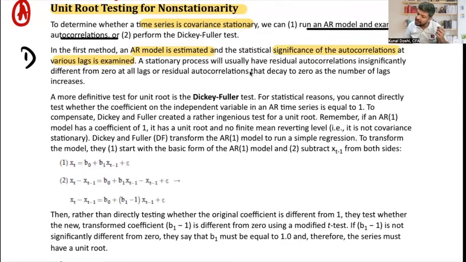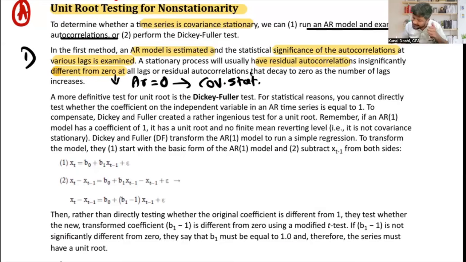A stationary process will usually have residual autocorrelation insignificantly different from 0 for all lags. That means the autocorrelation should not exist. When they say insignificantly different from 0, what do we want? We want the autocorrelation to be equal to 0. If it is equal to 0, we say it is covariance stationary, otherwise not.